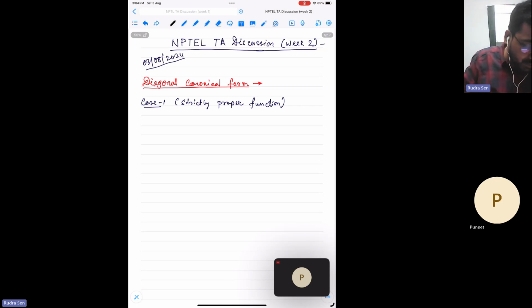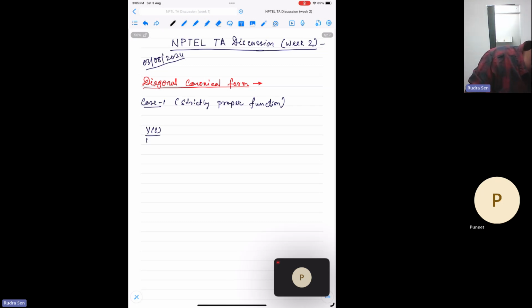For a strictly proper function, D is zero. When we transfer the transfer function to a state space model, we get the A, B and C matrices, but the D matrix is zero, because we have fewer zeros than poles.